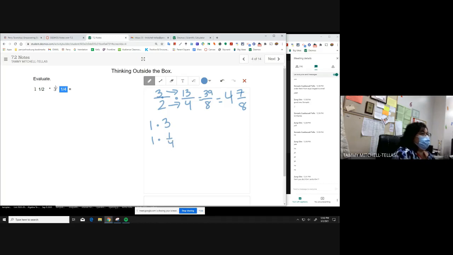I took this 1 and distributed it to the other fraction. And then I do the same thing with the 1/2. So 1/2 times the front number 3 and 1/2 times the back number 1/4. And then I add them together, I should get the same 4 and 7/8, because I'm using a fancy distributive property.